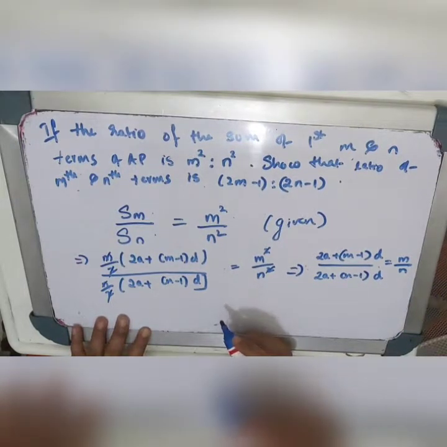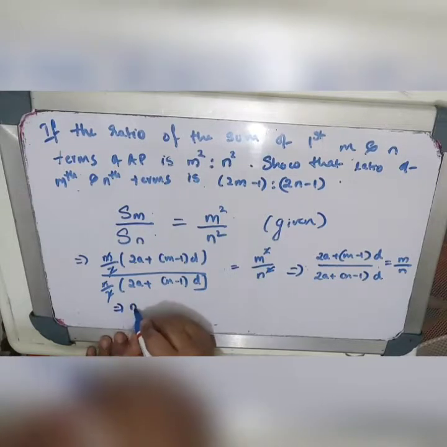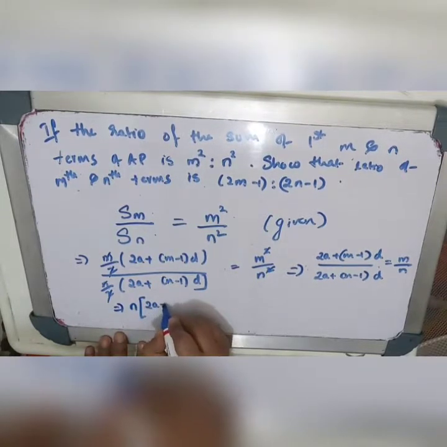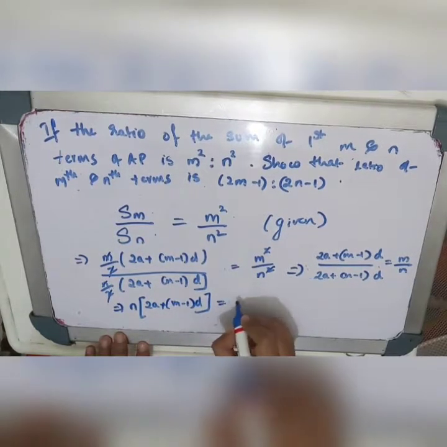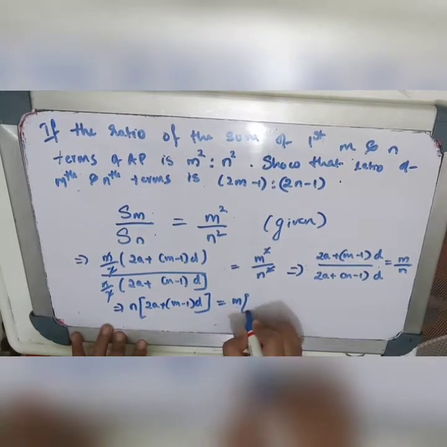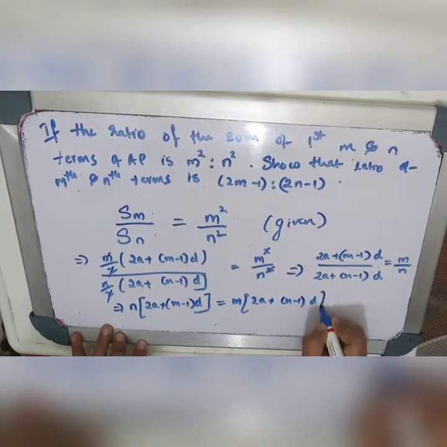Okay, now we'll cross multiply and expand. n into 2a plus m minus 1 into d is equated to m into 2a plus n minus 1 into d.